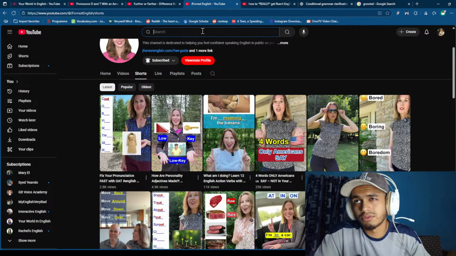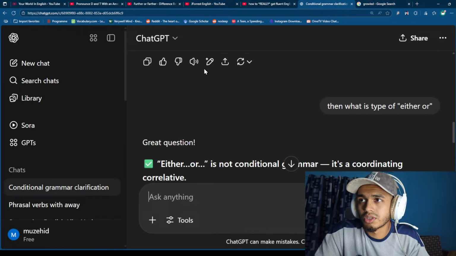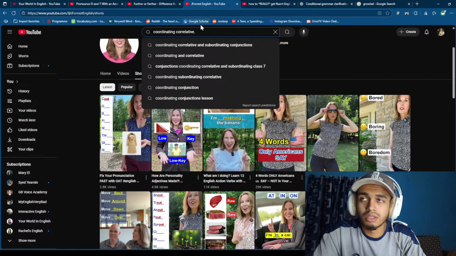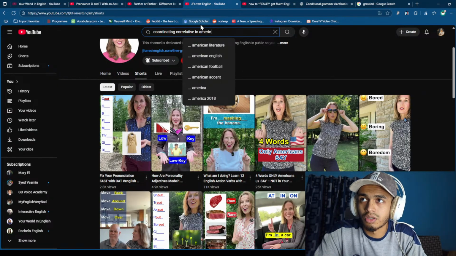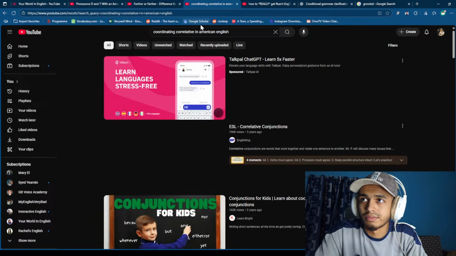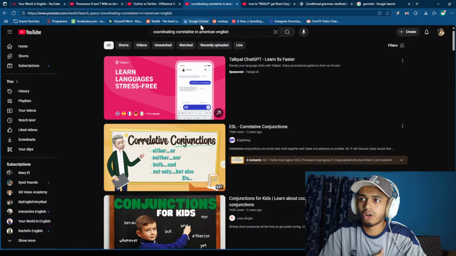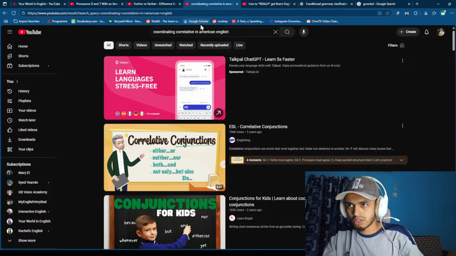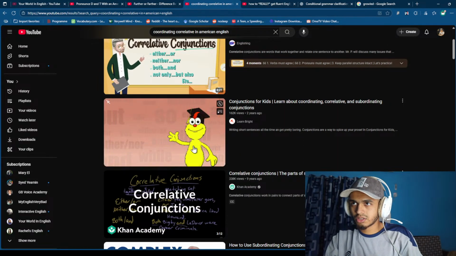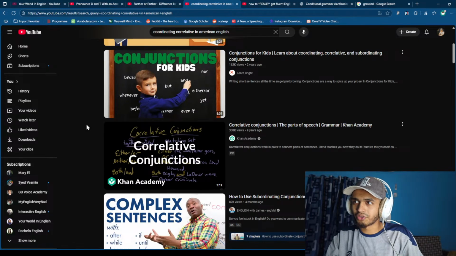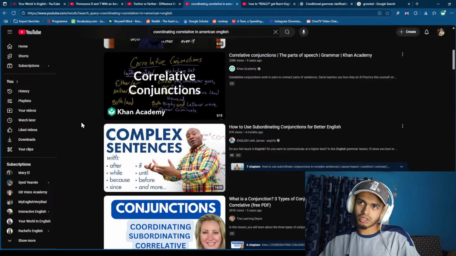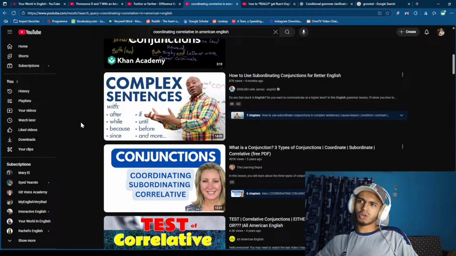So, coordinated correlative conjunctions in American English: either or, neither nor, both and, not only but also. Conjunctions for kids. What a great thumbnail. Complex sentences. How to use subordinating conjunctions for better coordination.